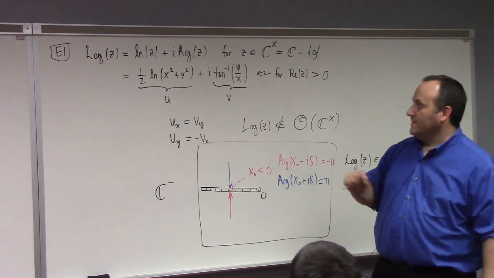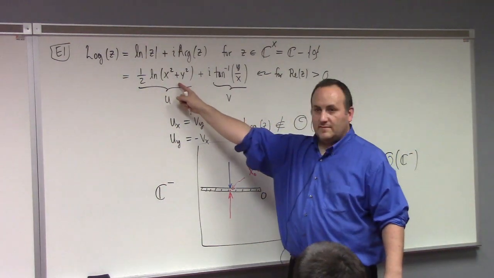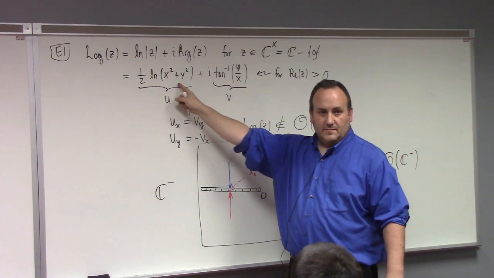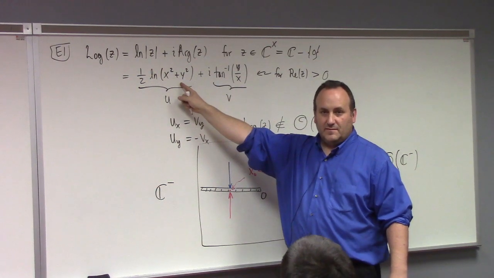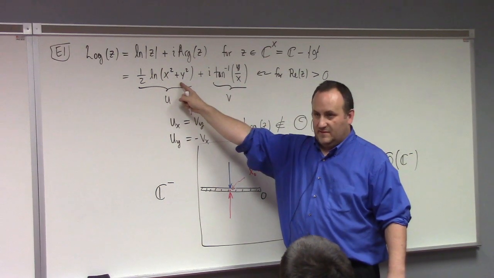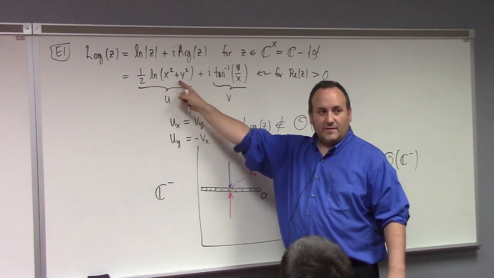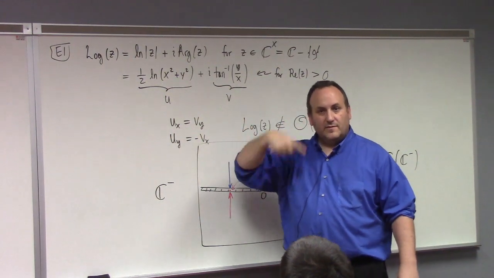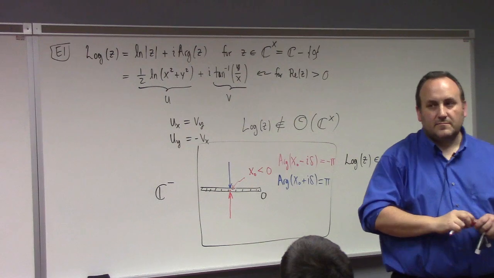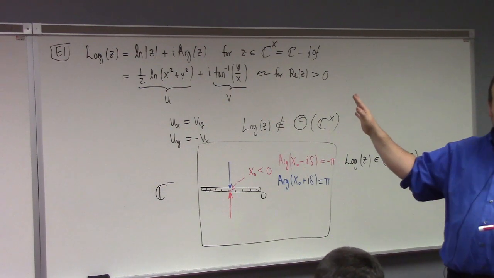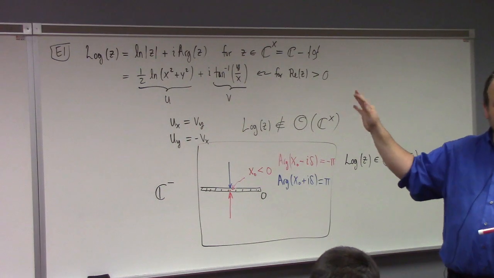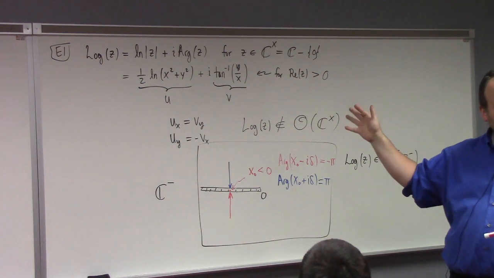However, what about this? That's got no problem. There's no angle jump problem for this, right? So this actually turns out to be harmonic on the whole plane. Which means that you can use the real part of a logarithm to solve Laplace's equation if you want.